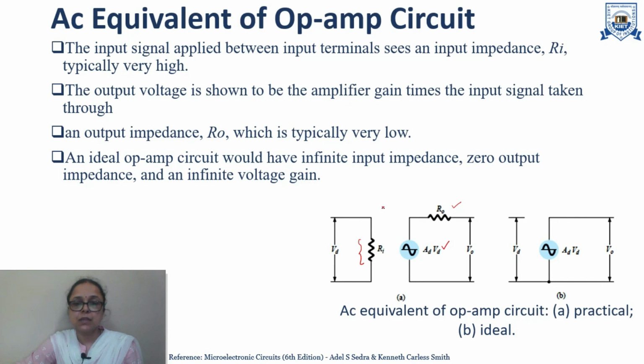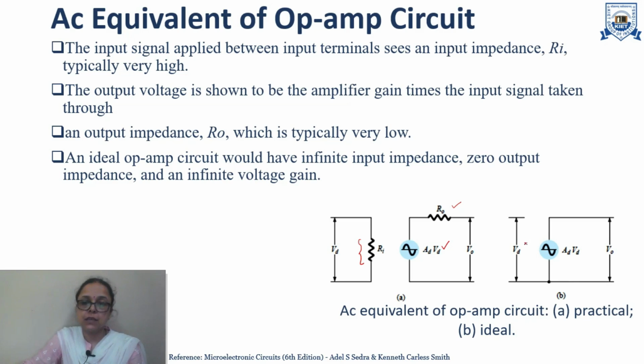This equivalent is the practical equivalent of the operational amplifier. The same circuit can be replaced by the ideal equivalent. In the ideal equivalent, what will be the difference? The input impedance is very high, so Ri is replaced by an open circuit, and the output impedance is very low, so RO is replaced by a short circuit. The same can be seen in the equivalent also.